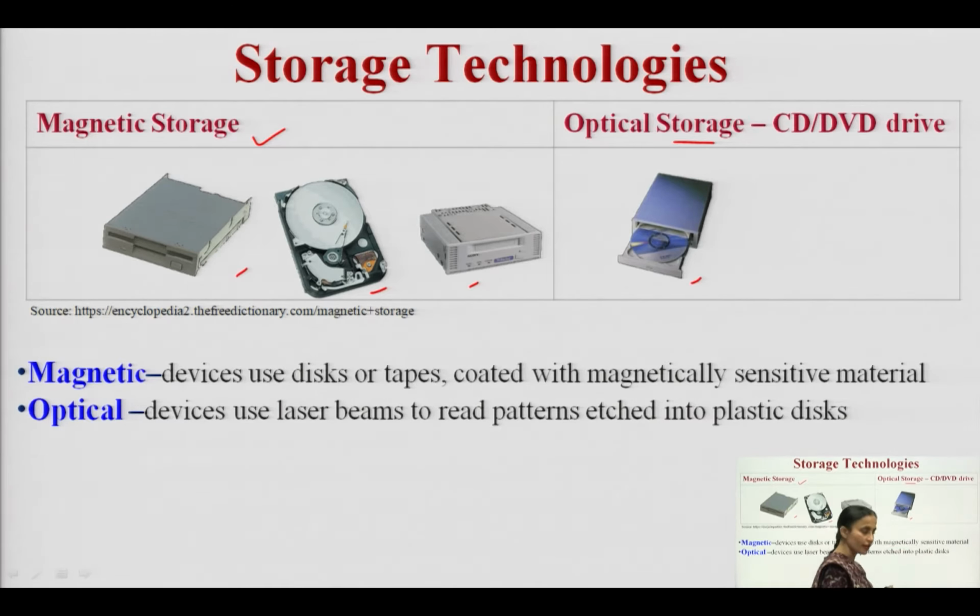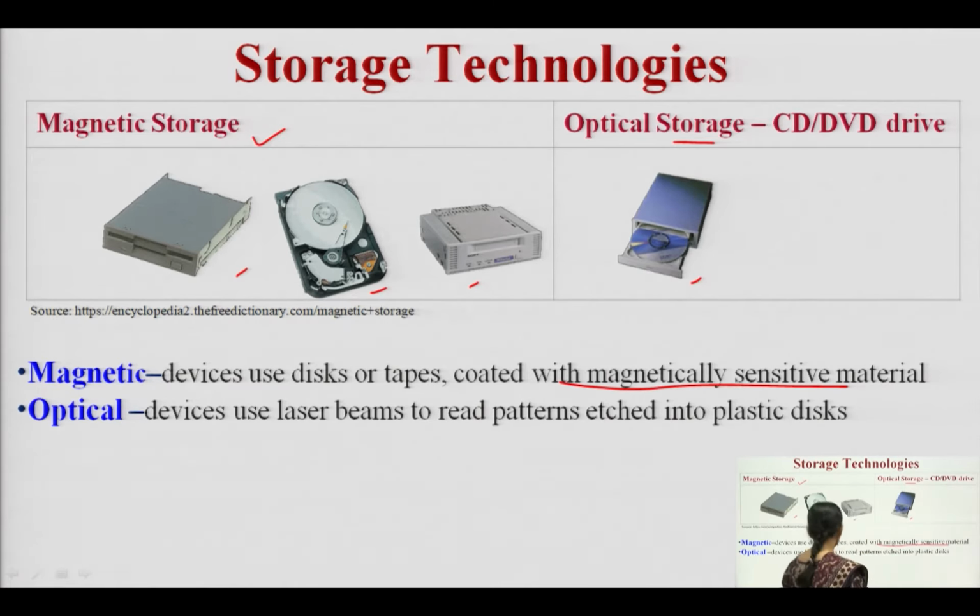Magnetic means the devices use disks or tapes coated with magnetic sensitive material, and this coating allows them to store the data in the form of zeros and ones and sense it, which means we can perform both read and write operations on data or programs in magnetic storage technologies.